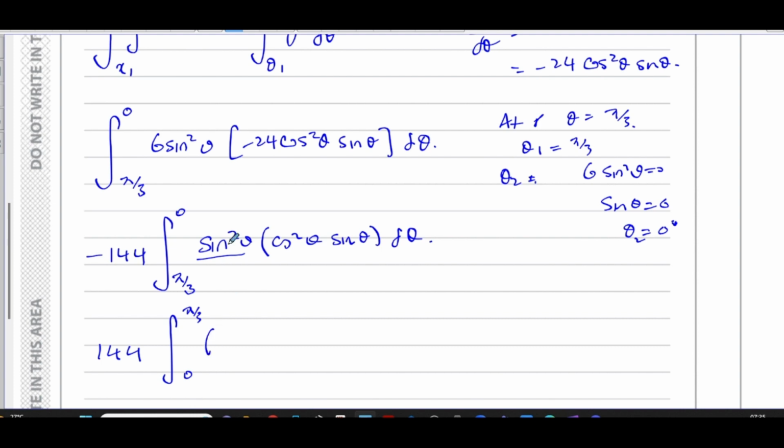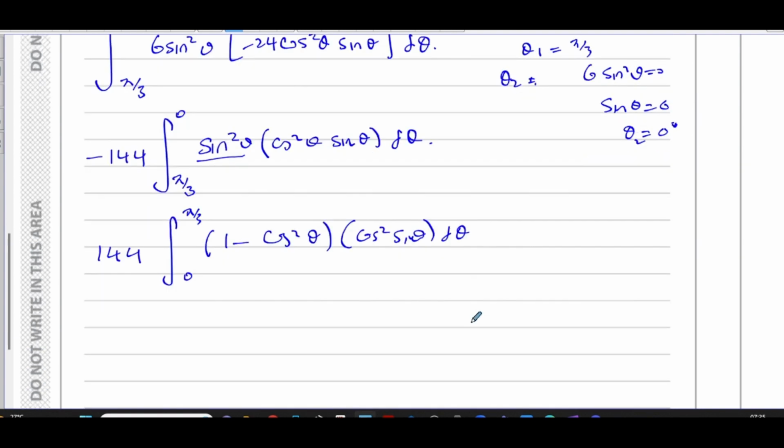I'm going to change the sine squared theta into 1 minus cosine squared theta, and then I've got here times cosine squared theta, sine theta. And I've got my d theta. So now, if I expand this bracket, I have 144, pi over 3 and 0.